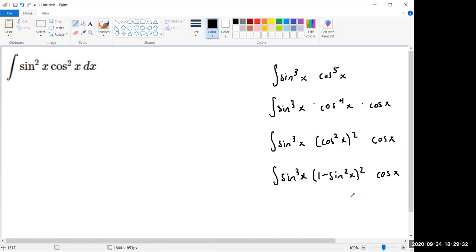This is why we can also split cosine, because from this process we can let u equal sine of x, and then du will be cosine of x. So this is the illustration that we can split either sine or cosine as long as the thing we're splitting has an odd power.